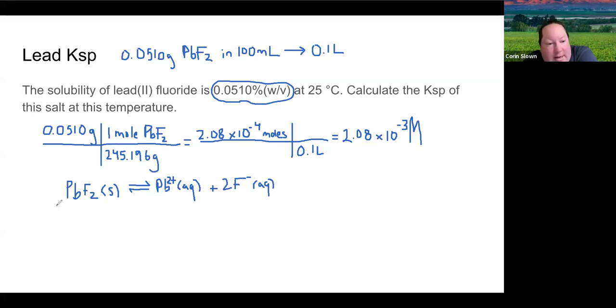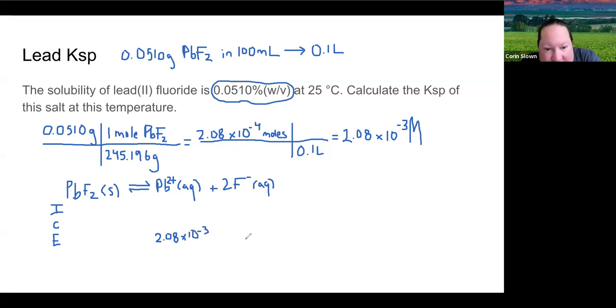And then we're going to think about our ice table. And again, we're in a space where they're giving us solubility. So the value that we just calculated is this, 2.08 times 10 to the negative third.